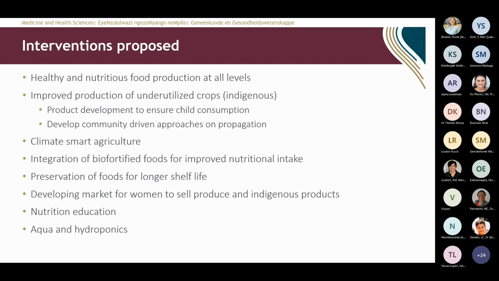Integrate biofortified foods into our diets and into our feed also. Develop markets for women to sell and produce their indigenous food. Also, for those in different geographic spaces, we need to try new ideas like aquaponics, which gives us vegetables and also fish. So these are the proposed interventions.